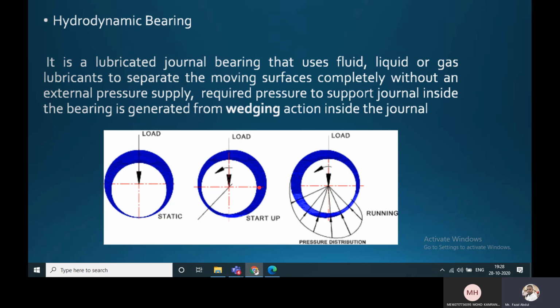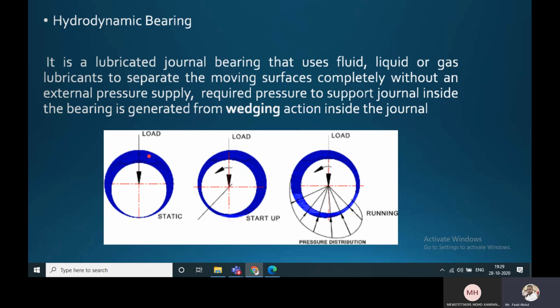Because of that pressure in the lubricating oil, a wedge film is going to generate. Why am I calling it a wedge? The shape appears like a wedge here. If you observe the shape like this, this is the wedge shape.